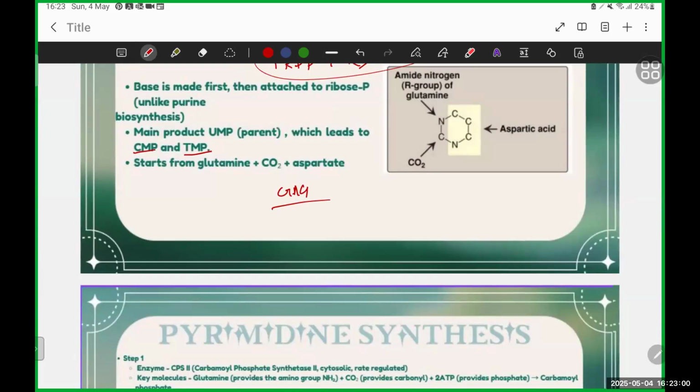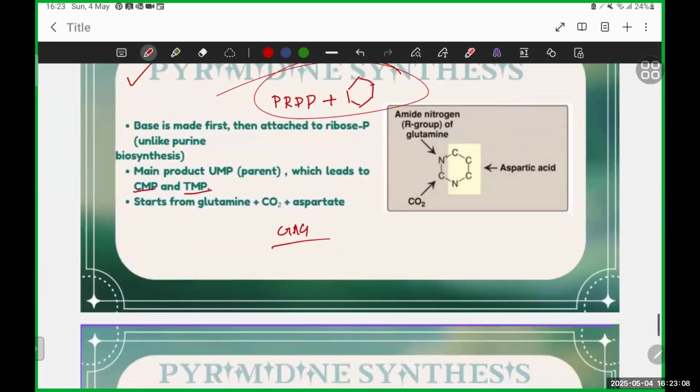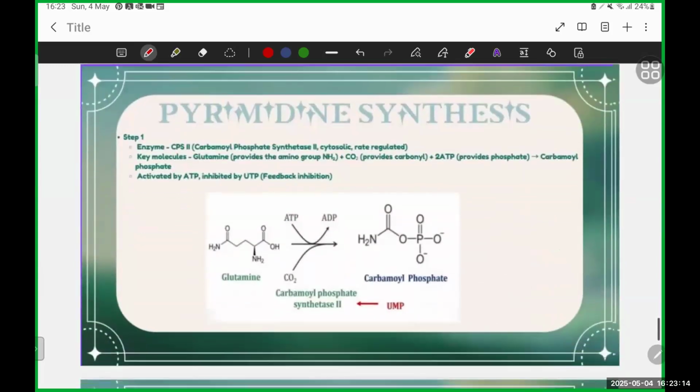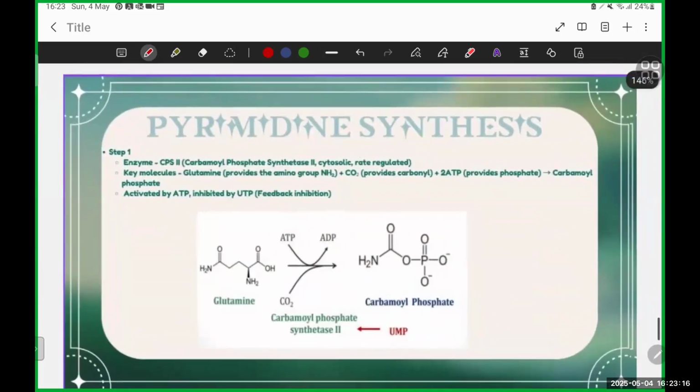In pyrimidine, you do not need glycine. You need aspartate and glutamine. And then she shows you glutamine is here, aspartic acid is here, and carbon is here. She's not really gonna ask you all of that, because there is much more high yield stuff to ask from.